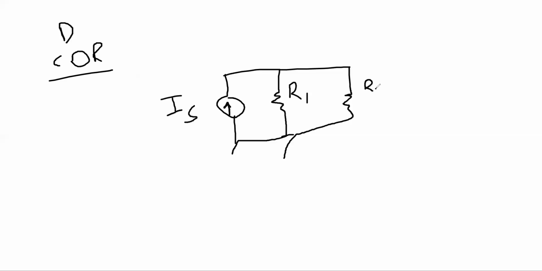So if we want to find the current I2 in the resistor R2 by CDR, I2, the current across the resistor R2, is equal to the source current IS multiplied by the opposite resistance R1, upon R1 plus R2.